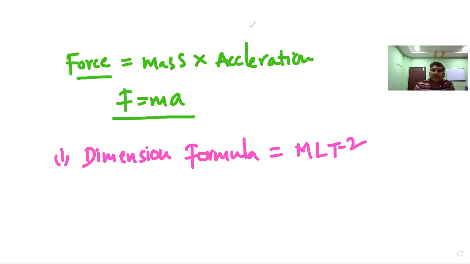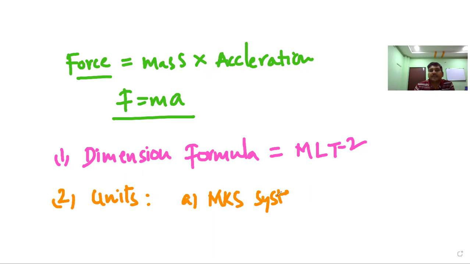Let us see its units. First one, I would like to make in the MKS system. So in the MKS system, mass is kg, length is meter and time is second square. Kg meter per second square.